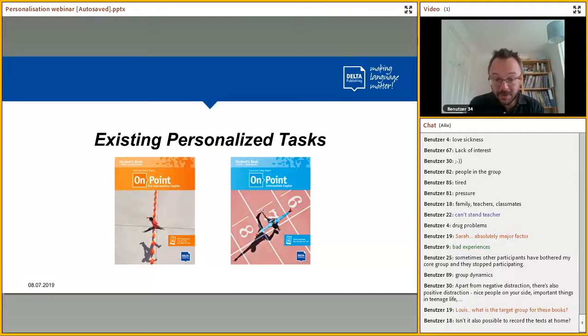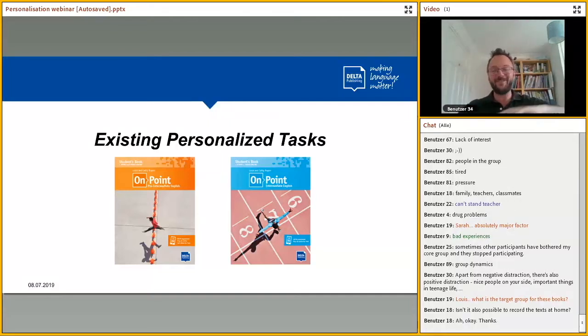Isn't it also possible to record the text? It's so difficult to record the texts because if you have an audio conversation, the process when you do it, you would have a director, a sound engineer, the authors, the editors, and then the actors. So you'd need to set up a recording studio in 6 actors' homes, and it would be very expensive.